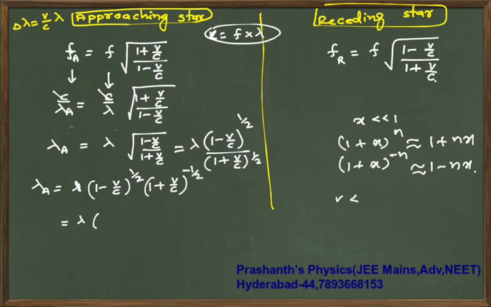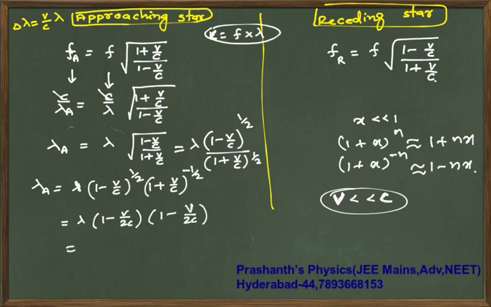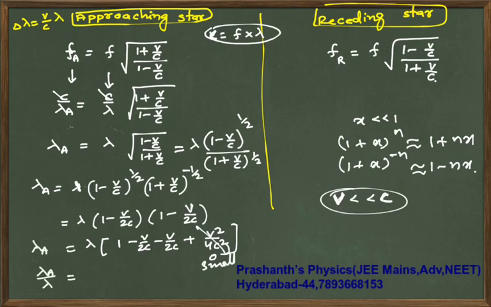Your v will anyhow be less than the speed of light, the highest possible speed. So this will become lambda times (1 minus v by 2c minus v by 2c plus v square by 4c square). Compared to the first two terms, the last is negligible. So lambda a by lambda is equal to 1 minus v by c.